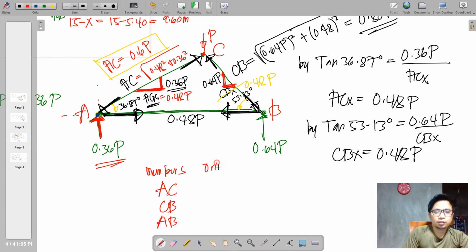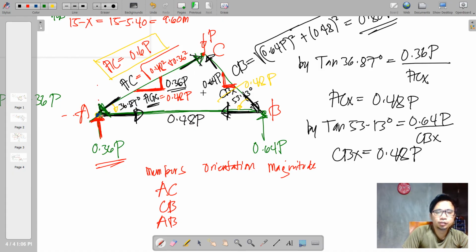So the orientation, say this is the magnitude, in terms of P. So the orientation of AC, what is the orientation? The force is towards the joint.